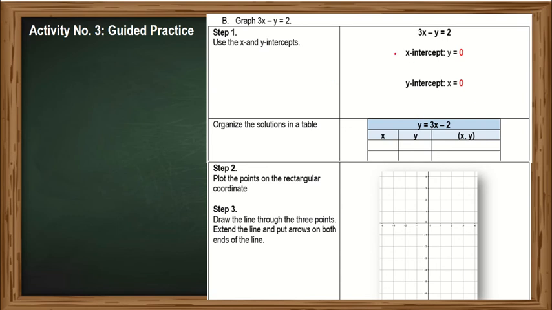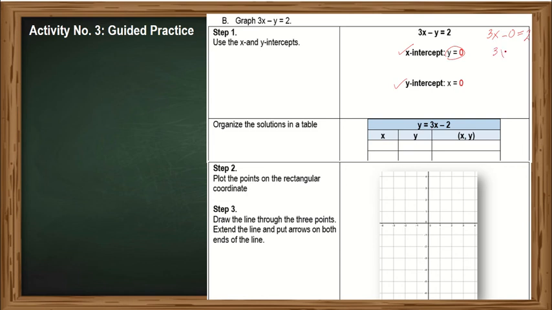So let's make use of x and y intercepts, but we can add more points. Okay, so let's have here the x intercept has a y value of 0, so we have 3x minus y, which is 0, equals 2.